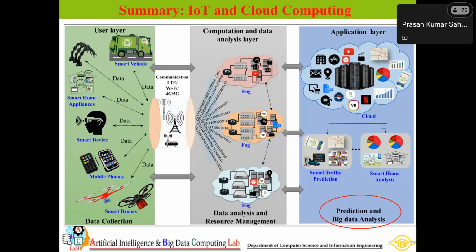As you can see here, data is collected from different IoT devices and comes to the fog or the cloud data centers, but what is important is the prediction and analysis of the big data, because of the volume of the data.